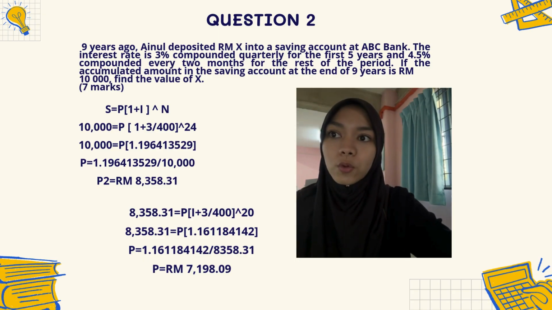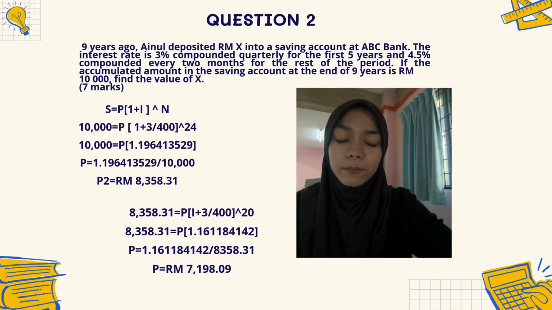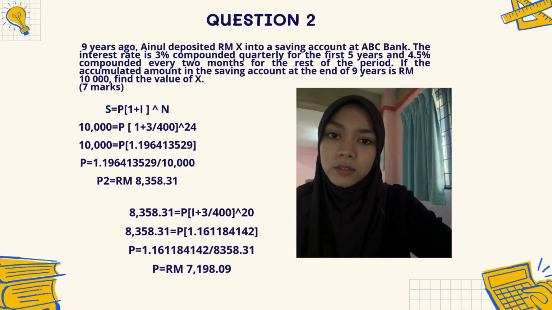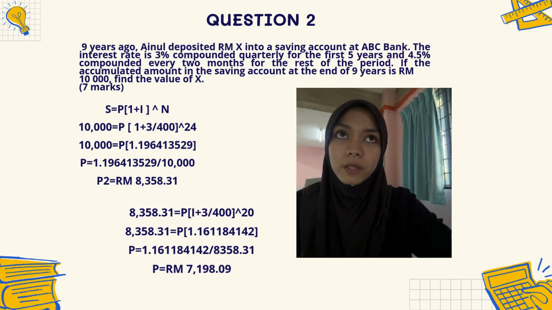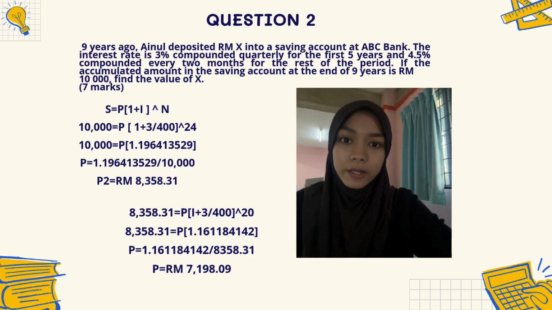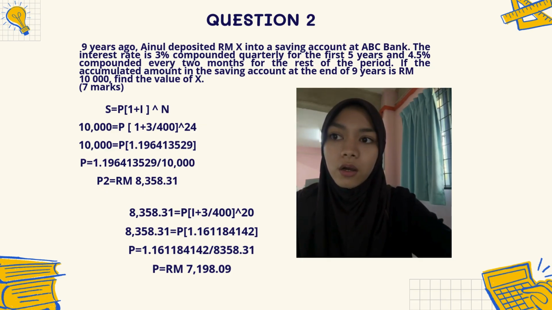If the accumulated amount in the savings account at the end of 9 years is RM10,000, find the value of X. So the formula is S equals P (1 plus I) the power of N. So for S is 10,000 equals P (1 plus 3 over 400) the power of 24.